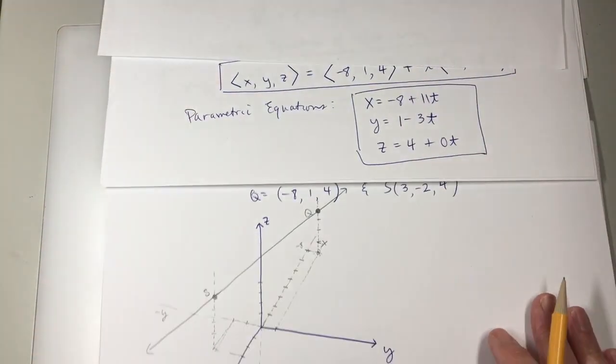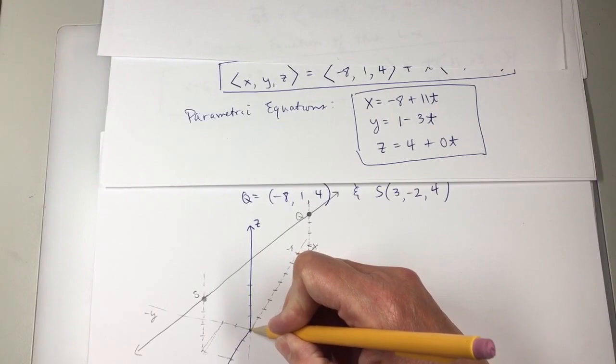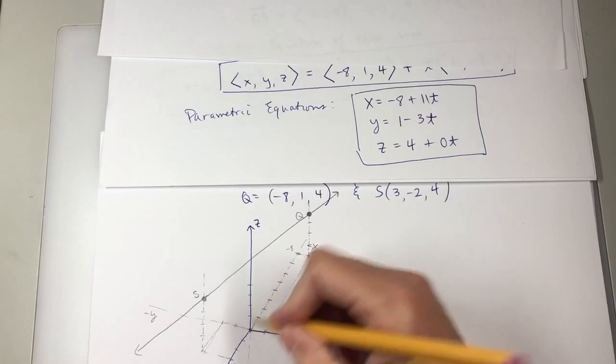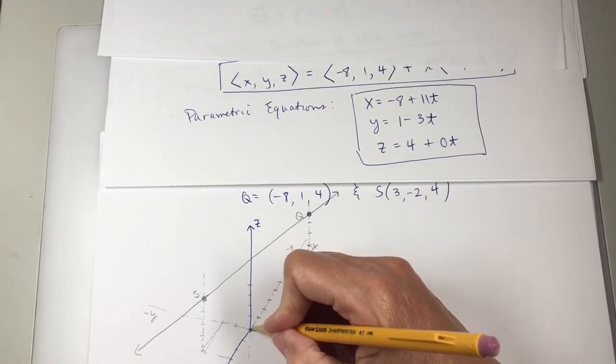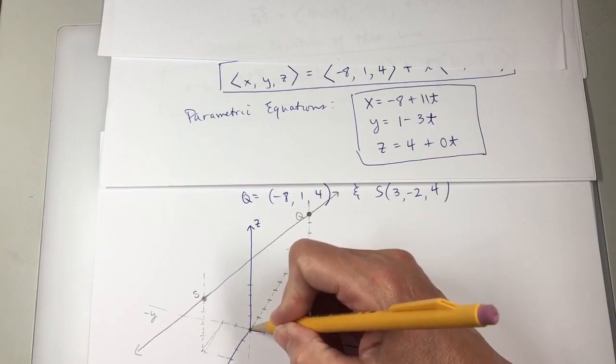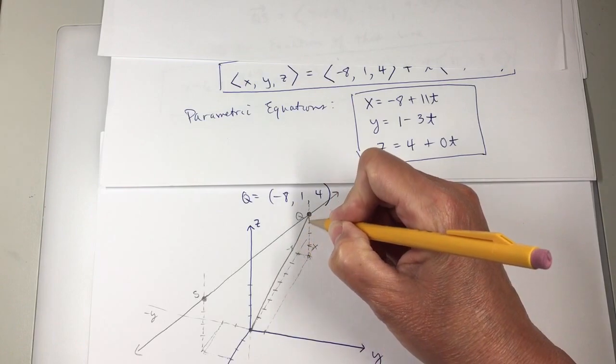And vector R sub 0, now I'm saying position vector, and remember position vector means that the initial point is at the origin. So point 0, 0, 0 is where this vector starts. And then my R sub 0, if I used Q, is this vector.